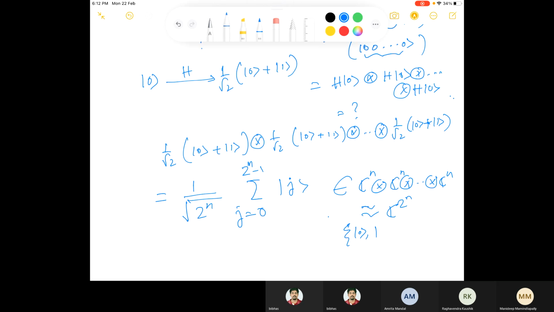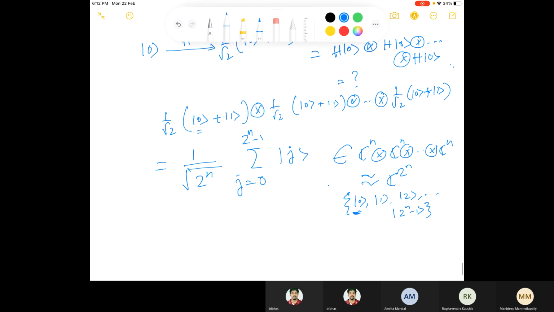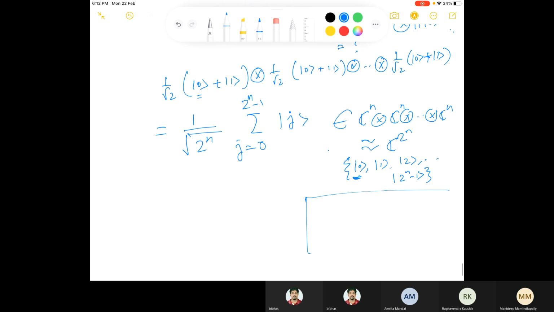They are written as 0, 1. This 0 and that 0 are different. This 0 corresponds to the first element of the basis of C to the power 2^n, and so on up to 2^n minus 1. For example, if you take just n equal to 2, we write the basis as 00, 01, 10, and 11.